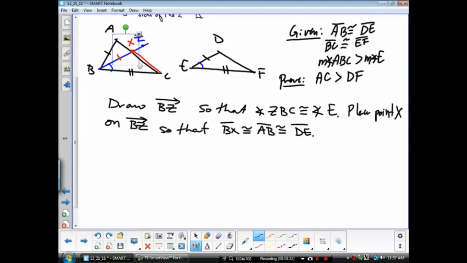From looking at this picture, no matter where point X is and what that triangle looks like exactly, we still have triangle XBC will be congruent to triangle DEF by side angle side.